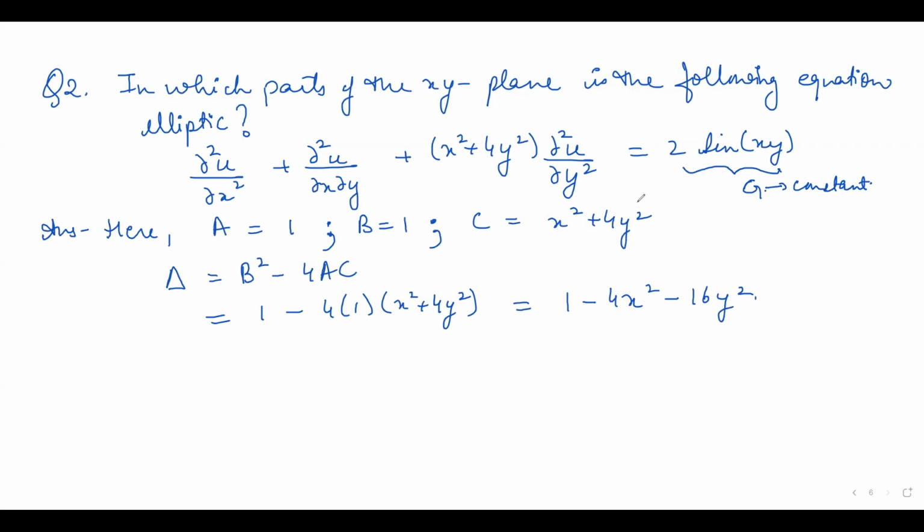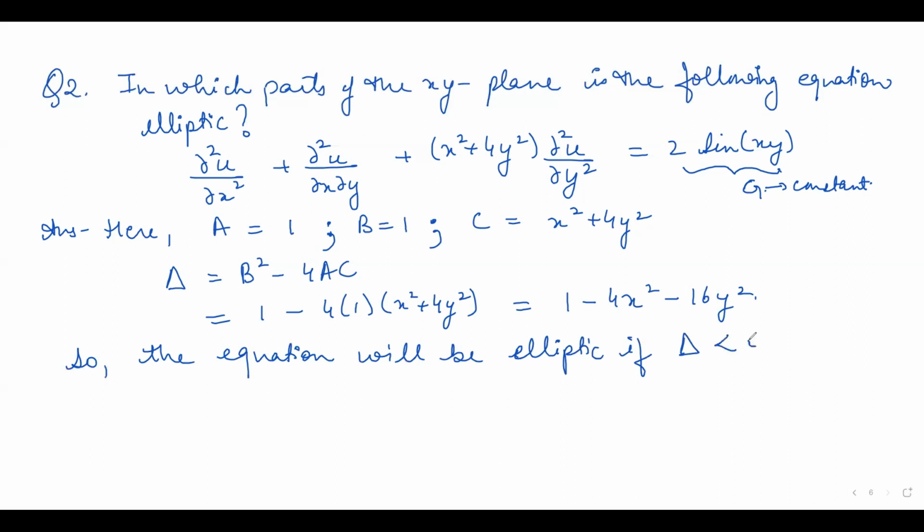So we need to find those parts, that is, the particular condition in which this equation is elliptic. The equation will be elliptic when the discriminant value is less than 0. That is, 1 minus 4x square minus 16y square is less than 0.